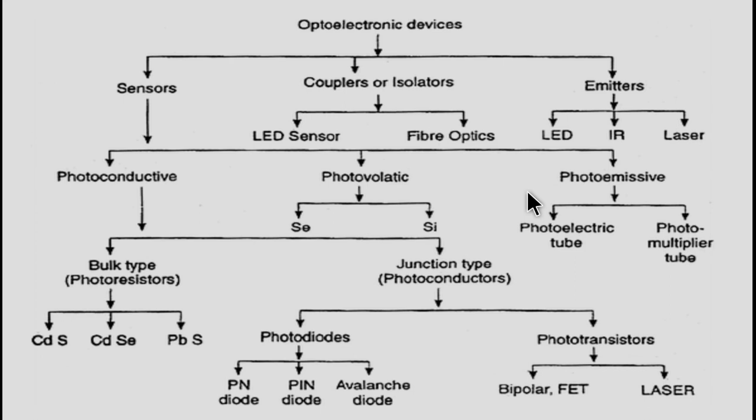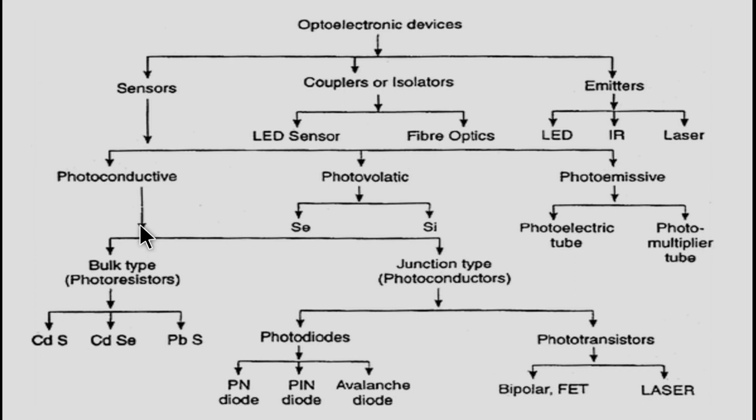In sensors, we have further three types: photoconductive, photovoltaic and photoemissive. Photoconductive means the conductivity of the material increases when light is incident on the semiconducting material, or it decreases the electrical resistance by incoming light.